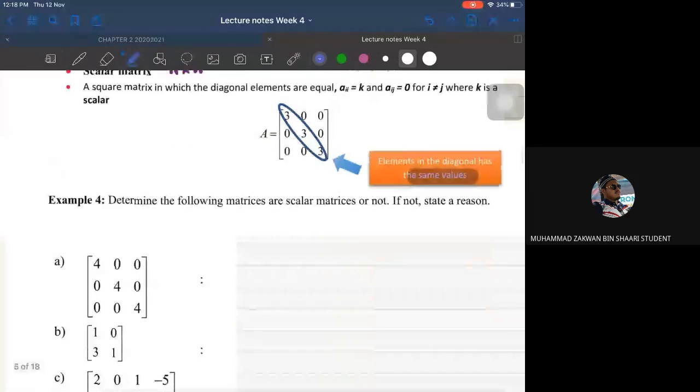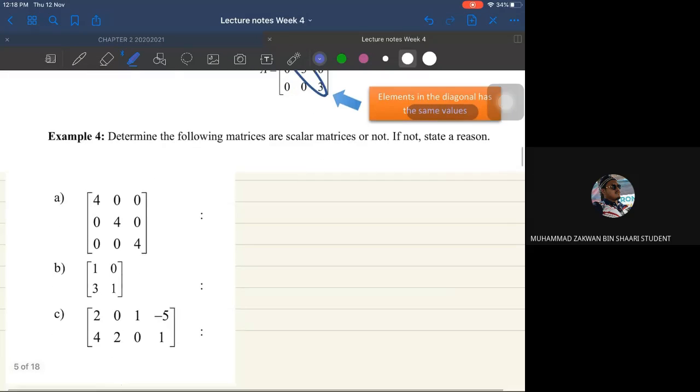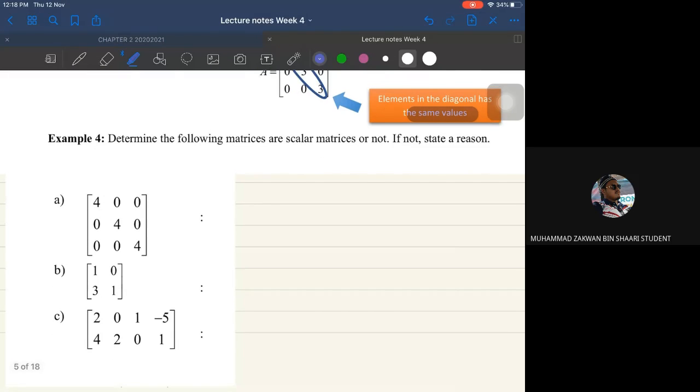Okay, so this one, determine whether the following matrices are scalar matrices or not. If not, state a reason. For the first one, this is yes. Why? Because everything else is zero and in the middle it is the same value. For B, is this a scalar matrix?